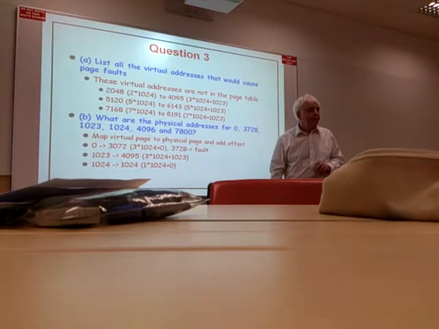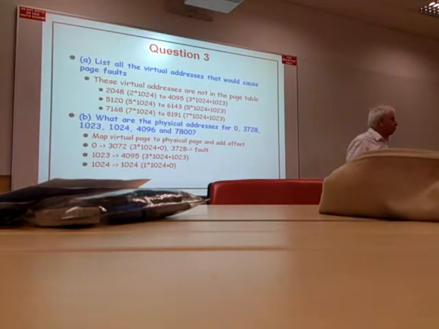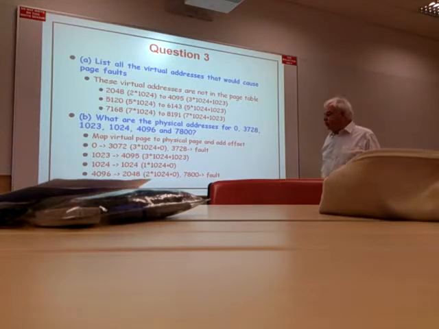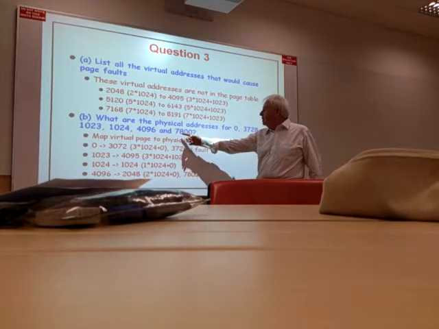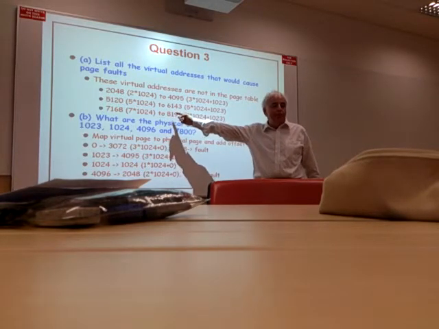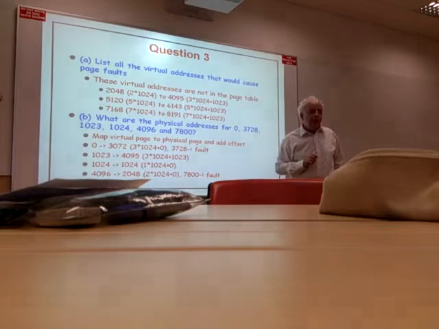Somebody tell me? Okay, so virtual page 4 is mapped to physical page 2. So 4096 is mapped to 2048. And then the last one, 7800, is not in the main memory, so that will cause a page fault.